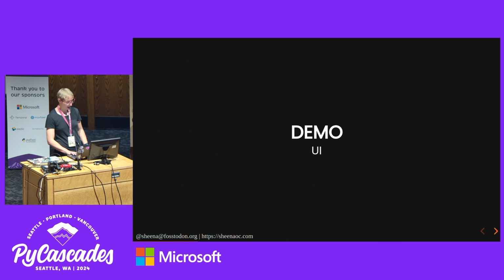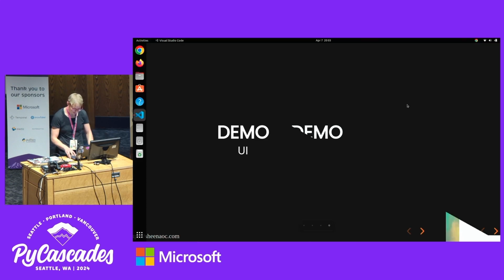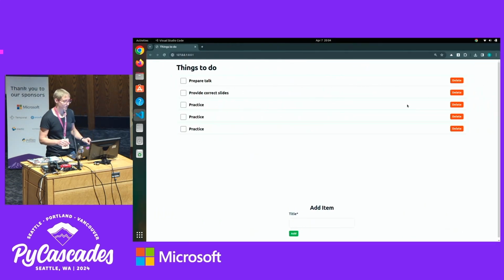And I'm going to start off with a demo. So this is a very, very practical talk. I'm just going to be demonstrating different functionality to you. So here is the first of it. We're going to be testing an application. This is the application. It is a to-do list application.